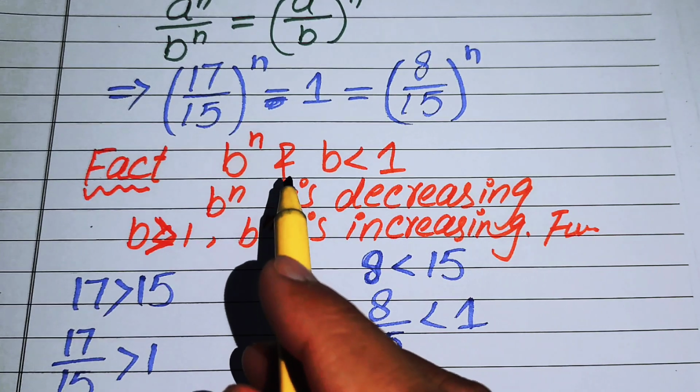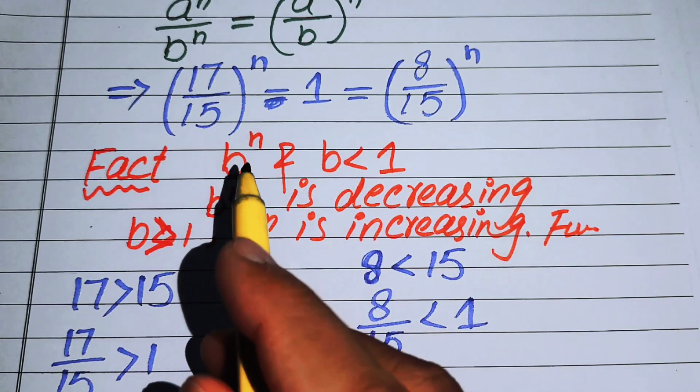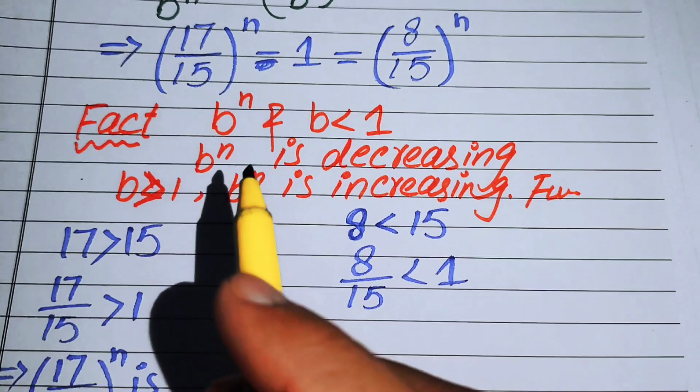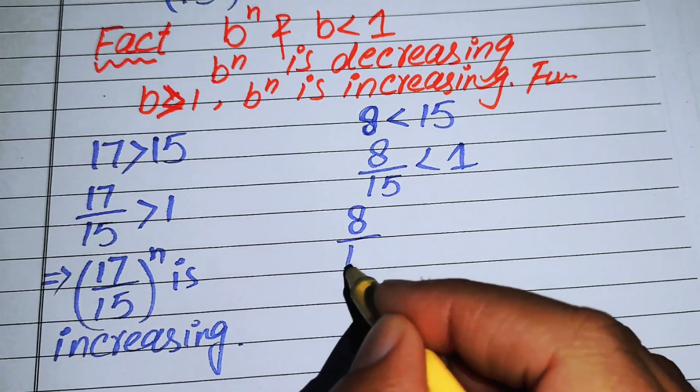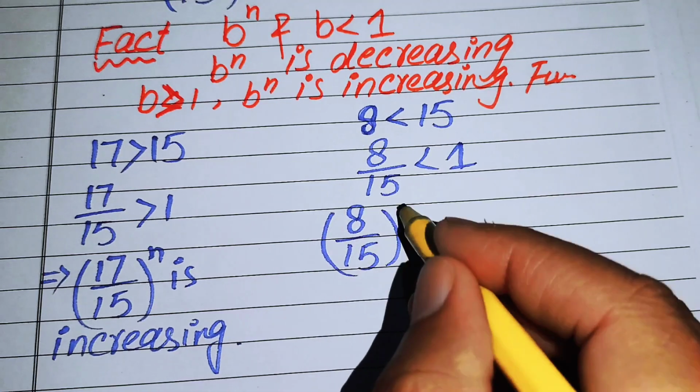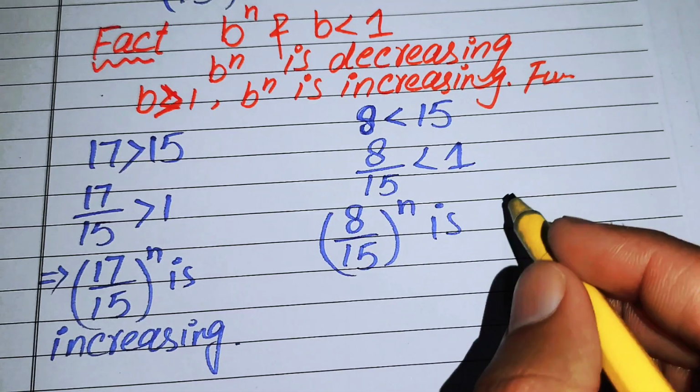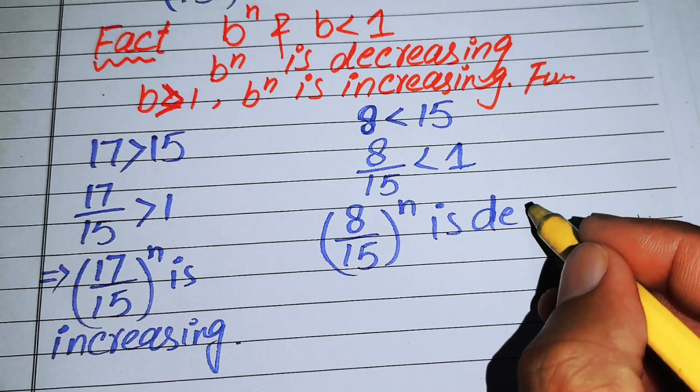According to this law, if our base is less than 1, then our given function is a decreasing function. So 8 over 15 and its whole power n is a decreasing function.